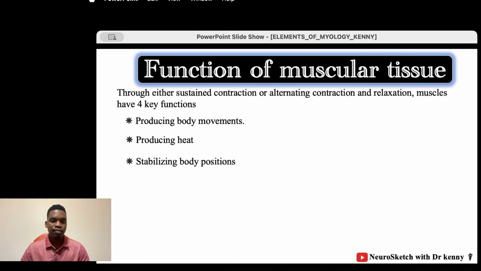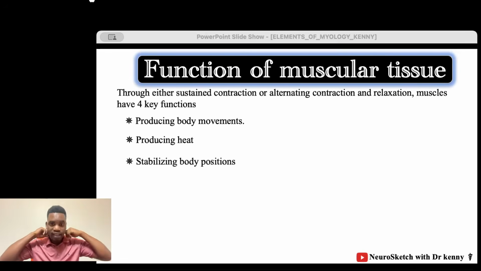Another function is stabilizing body position. The muscles stabilize the joints, and once the joints are stabilized, the body position is determined. For example, we have a lot of muscles in the neck that help to maintain the position of the head.